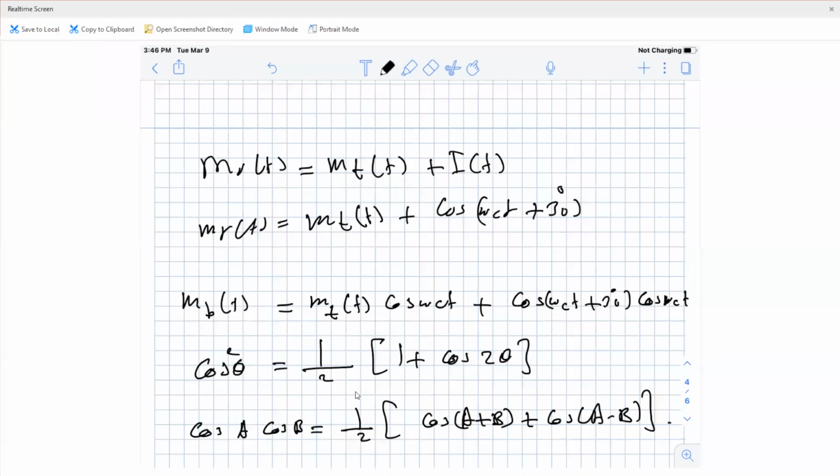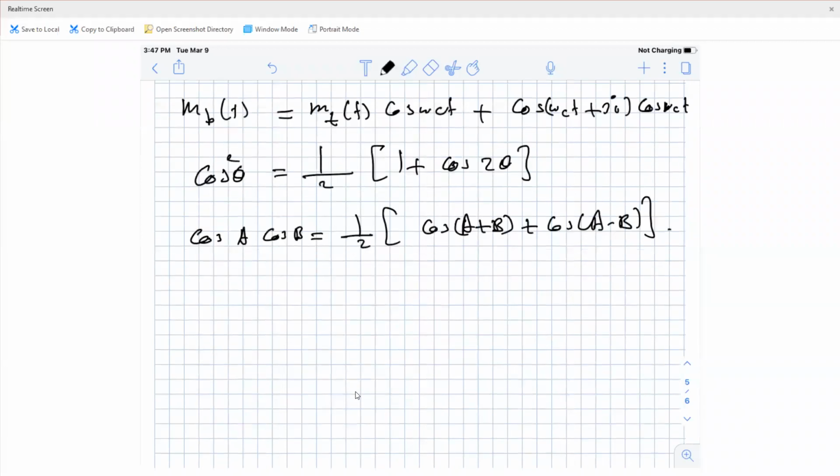Now, after that, you can expand Ms of T cosine omega Ct. Here we have cosine squared, and it will be 1 plus cosine 2 omega Ct. In the second part, again, we have cosine omega Ct plus 30 multiplied by cosine omega Ct, so we have cosine 2 omega Ct plus 30 and cosine 30. The high frequencies, I mean 2 omega Ct, will be cancelled by the filter. So at the end of the day, MB of T will be Ms of T plus cosine 30 degree.